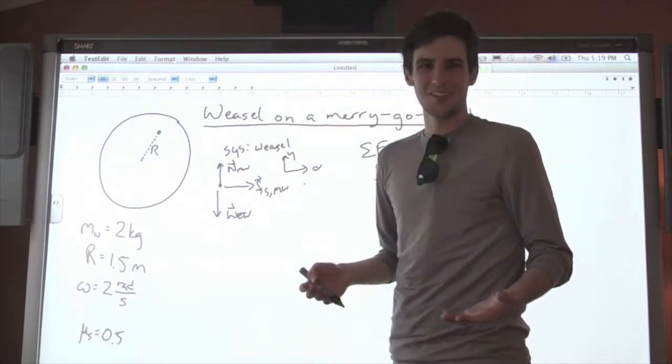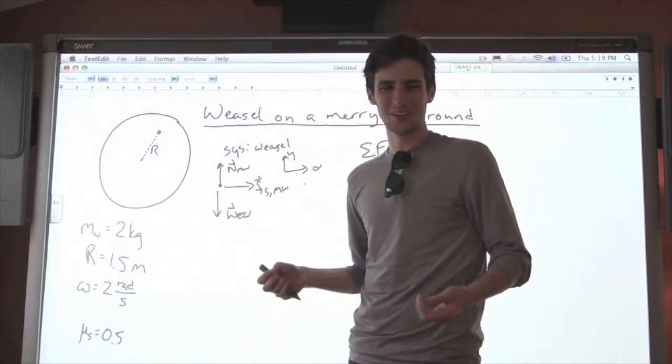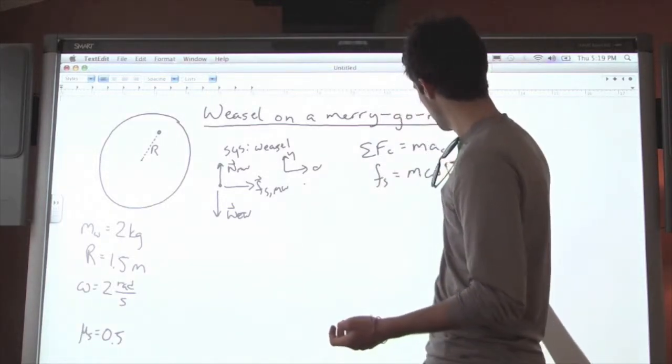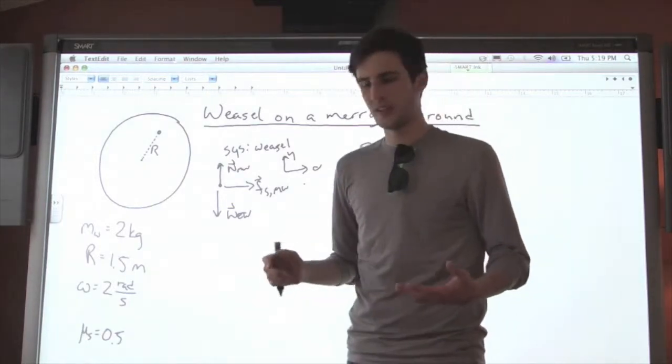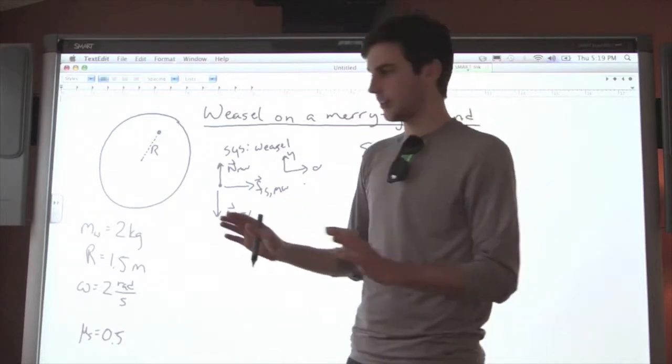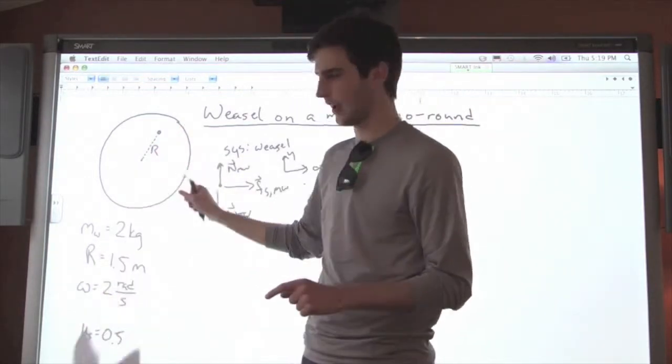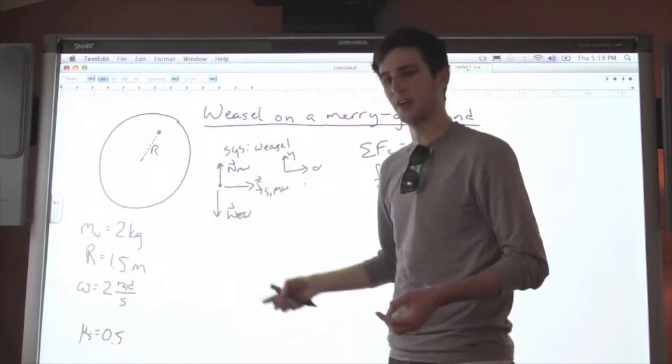I happen to know this really useful formula for centripetal acceleration: it equals omega squared r, where r is not necessarily the radius of the merry-go-round, but the distance from the center that the weasel is sitting at. And I just happen to label that one r2.